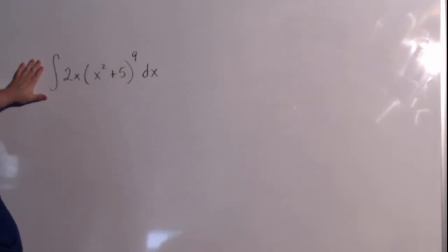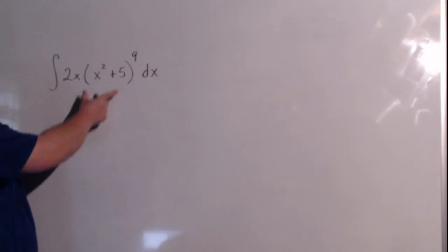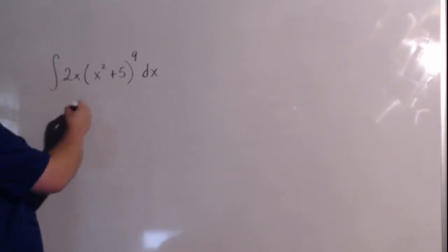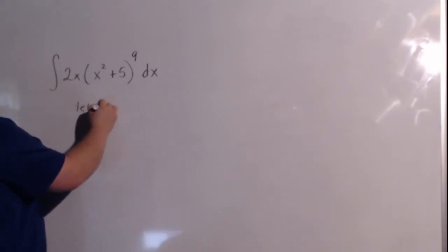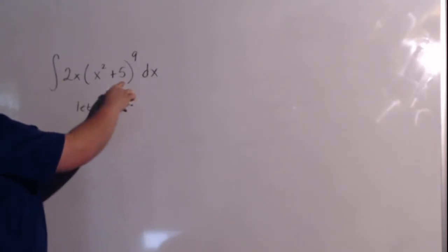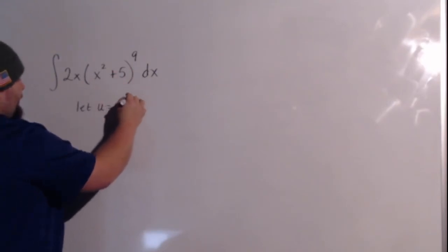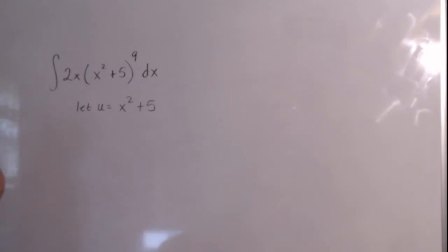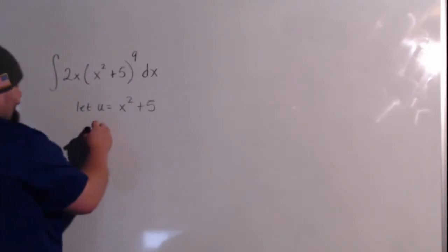However, notice I have a function inside of another function. So if I were to let u equal everything inside these parentheses, then the derivative of x squared plus 5 is 2x.